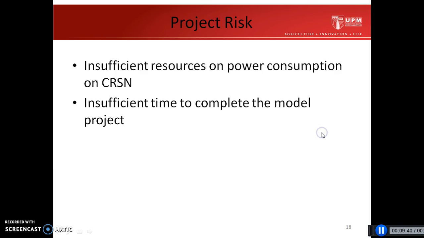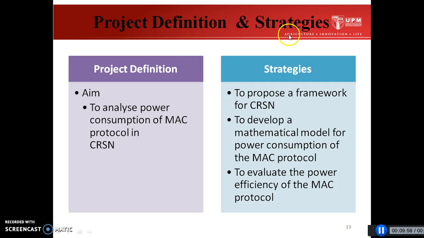Okay. And for the project risk, I think the main risk is the insufficient resources on the power consumption on the CRSN part, and the insufficient time to complete the project. Next is the project definition and strategies.